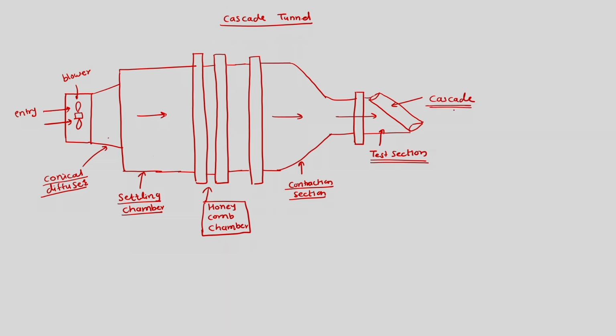So the test section receives ultimately uniform air which is going to flow over the cascade.